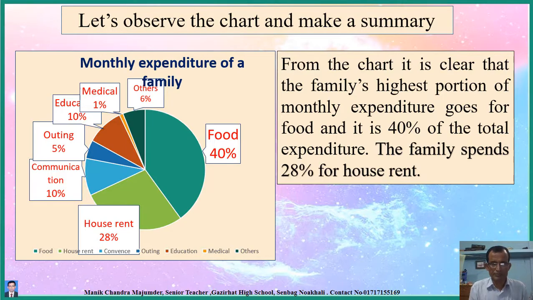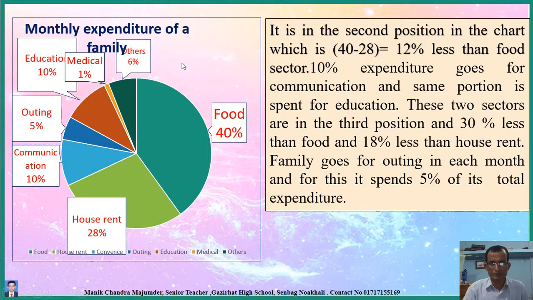The family expends 28% for house rent. It is in the second position in the chart, which is 40 minus 28 equal to 12% less than the food sector. 10% expenditure goes for communication and the same portion is spent for education.